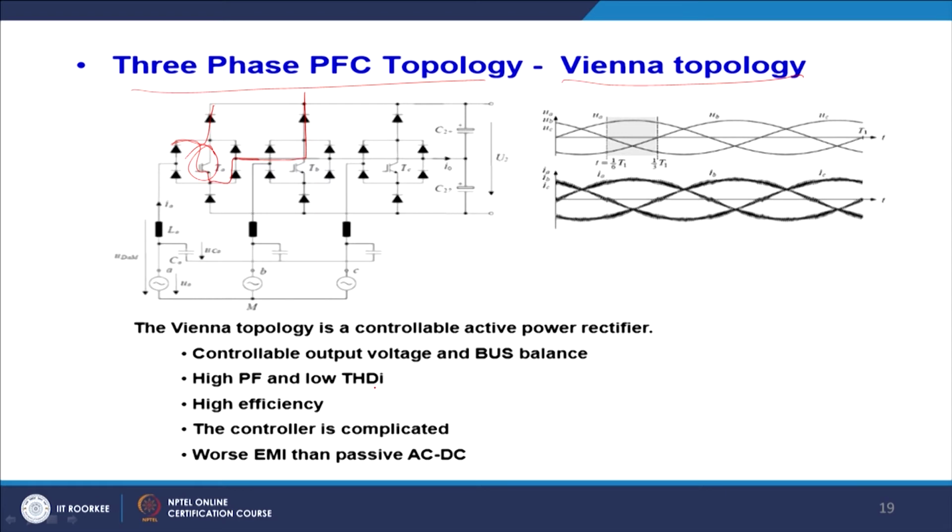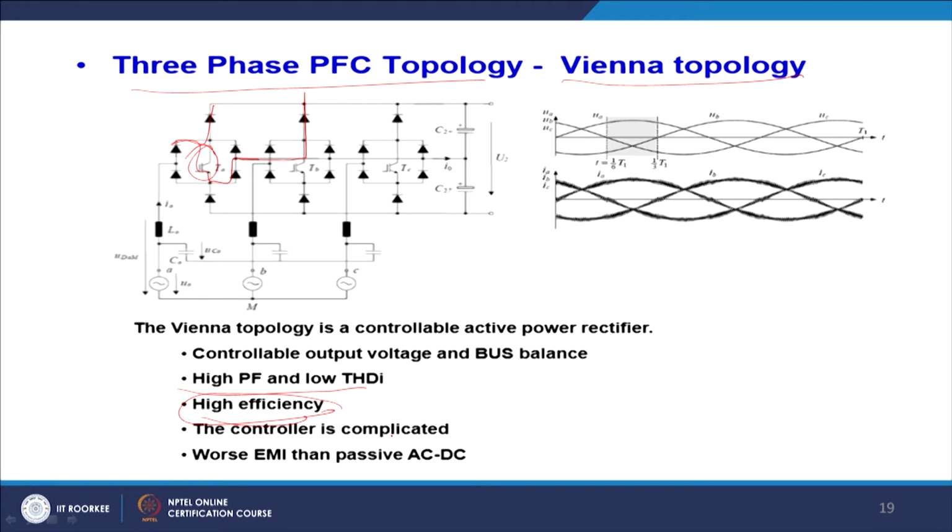You can see that these are the voltages and this is the current Ia, Ib, Ic, and it is a high power factor and low THD, and high efficiency, but the efficiency claim has to be challenged because of the high diode drop and high conduction loss, but the switching losses are a little lower.